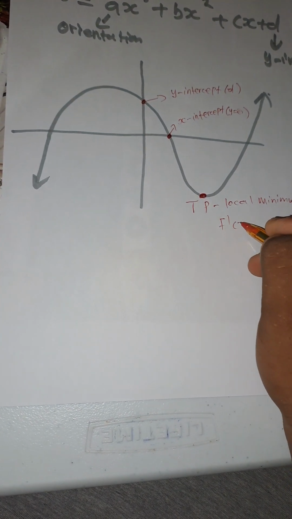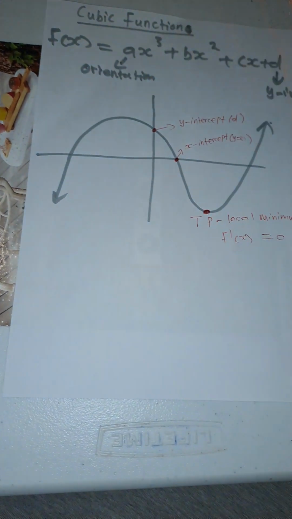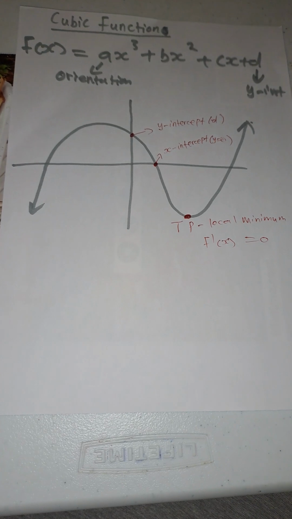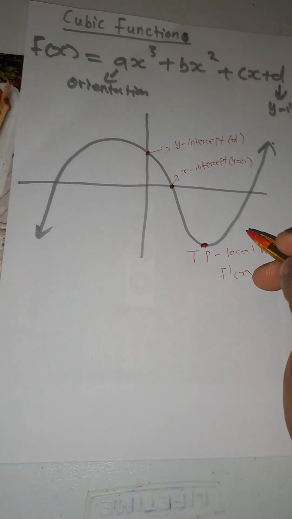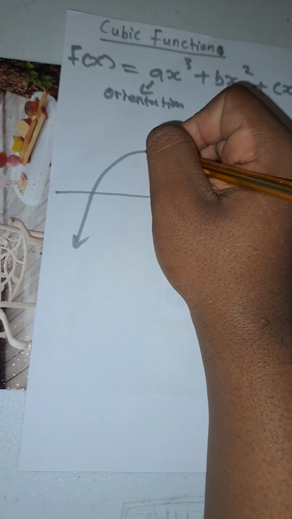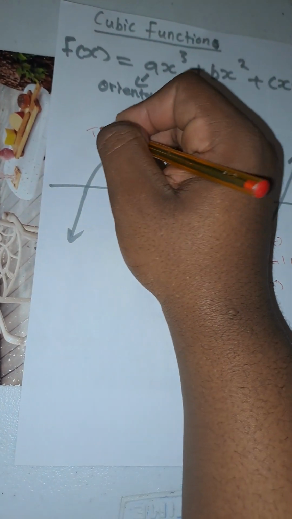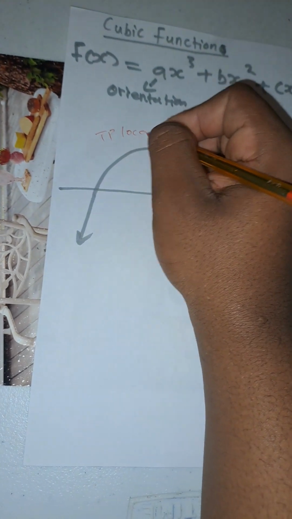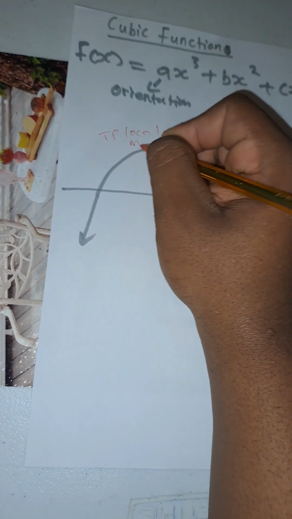In calculus form, the gradient function is equal to 0, so we say the gradient is equal to 0. And this one is also a turning point, but it's the local maximum.